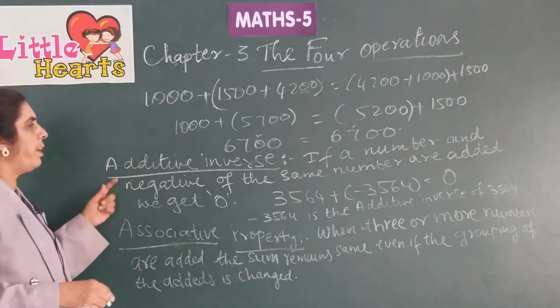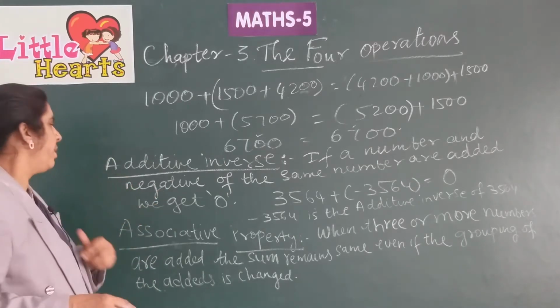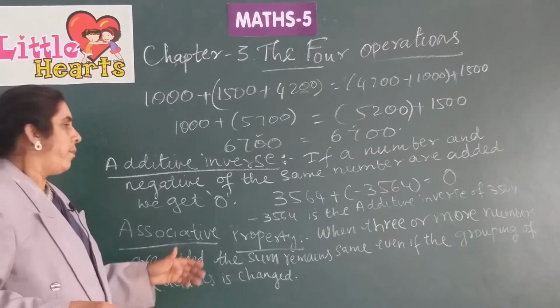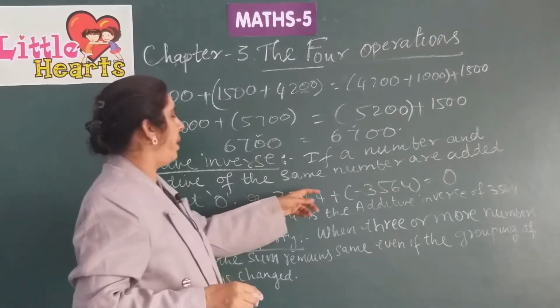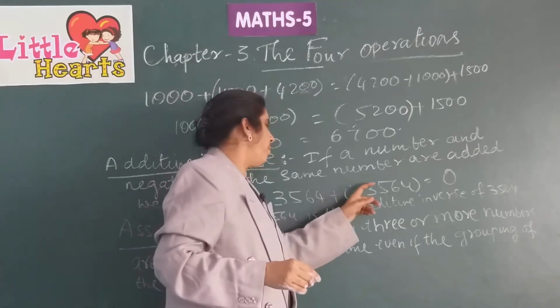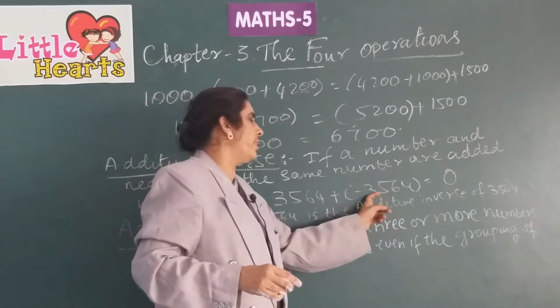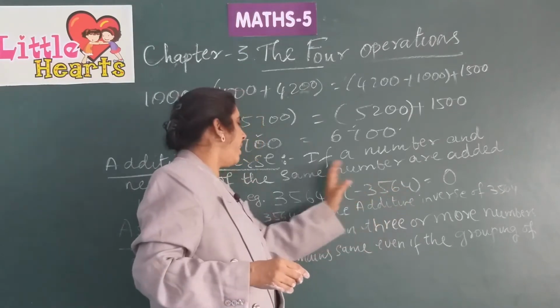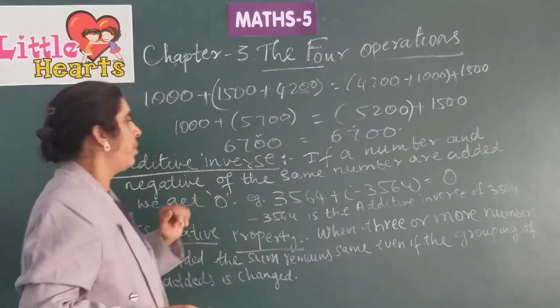And additive inverse. If a number and negative of the same number are added, we get 0. For example, 3,564 plus minus 3,564. When we add this, we get 0. Both get cancelled and we get 0.